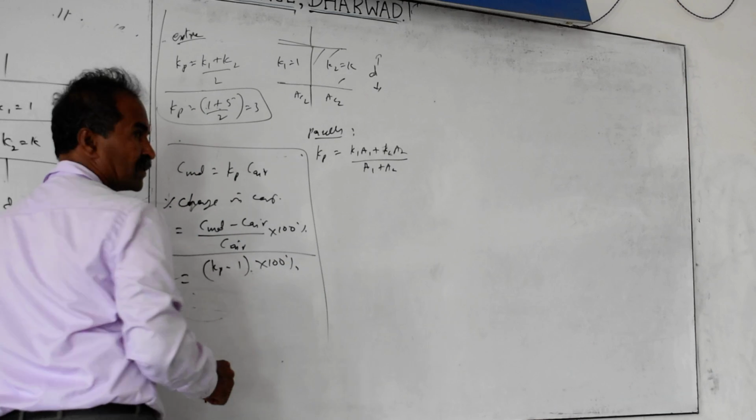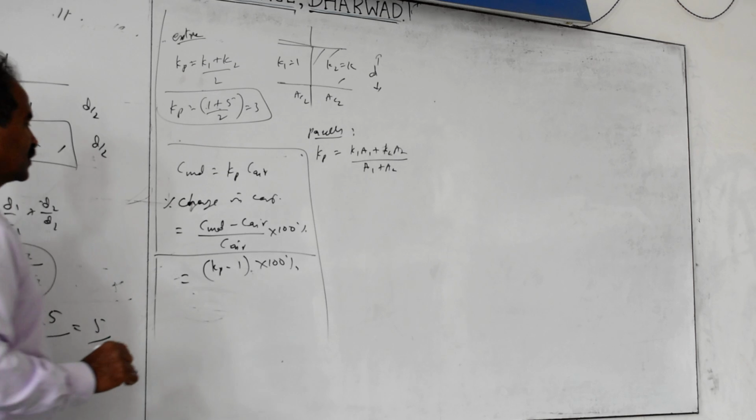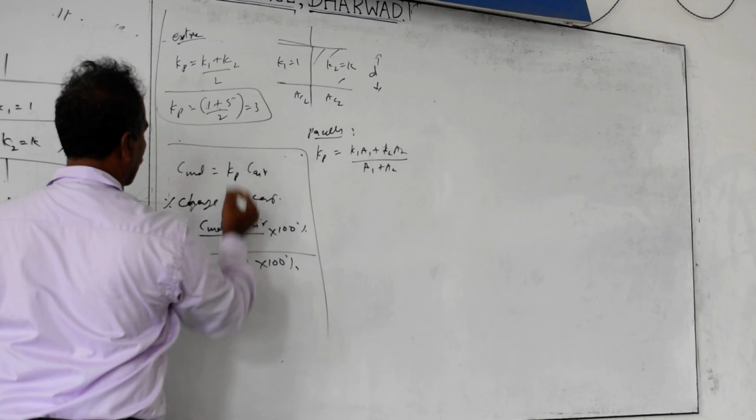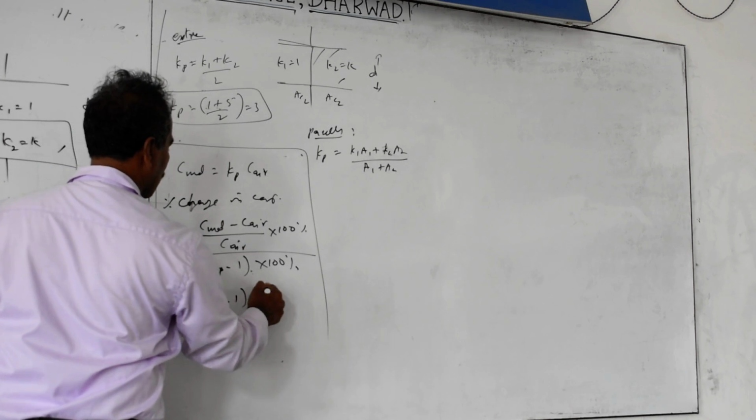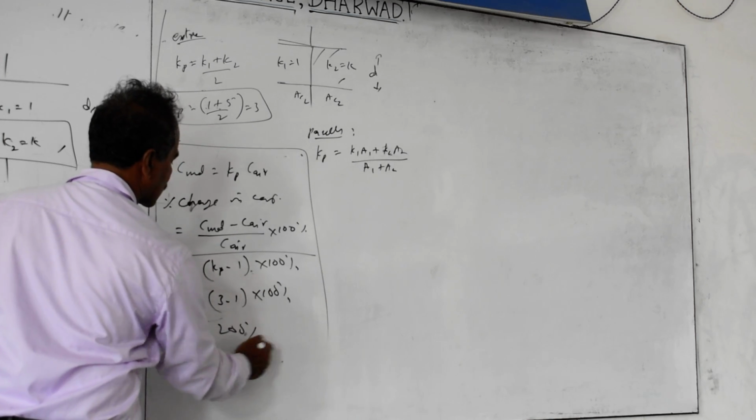So in both cases you will get K series minus 1 or K parallel minus 1, please remember that. The resultant is 3, minus 1, into 100%, which is equal to 200% increase.